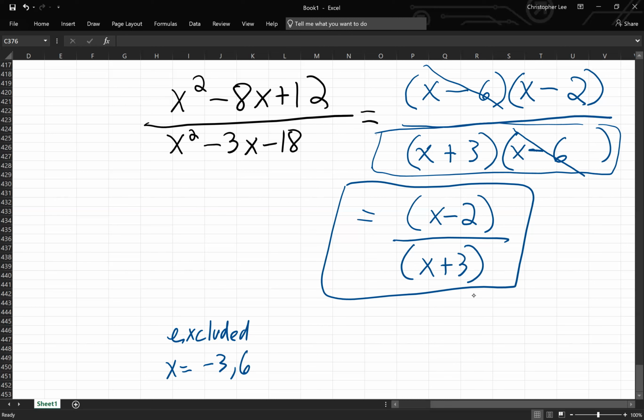Those are my excluded values. So you set the x plus 3 and x minus 6 equal to 0 and solve for x in both. You're going to have two excluded values here, negative 3 and 6. So x can be any value it wants to be except those two values, negative 3 and 6. That's it. Sound good? All right.